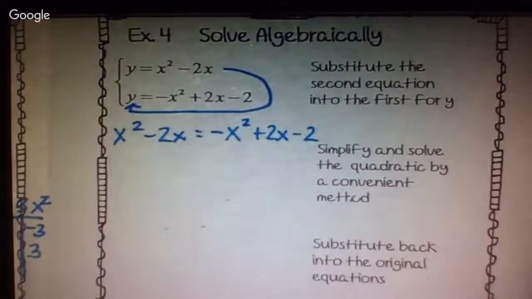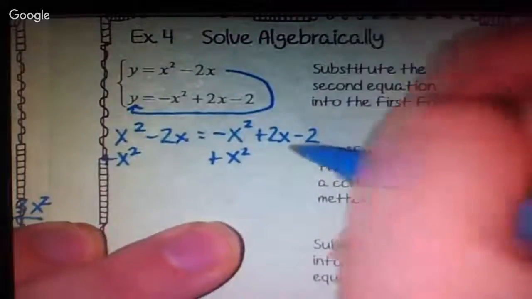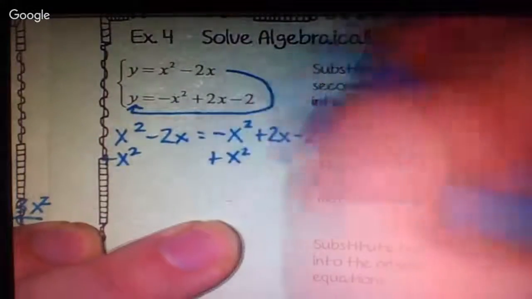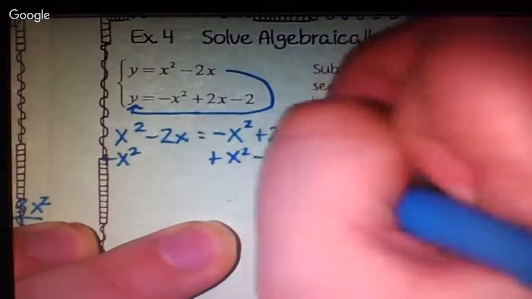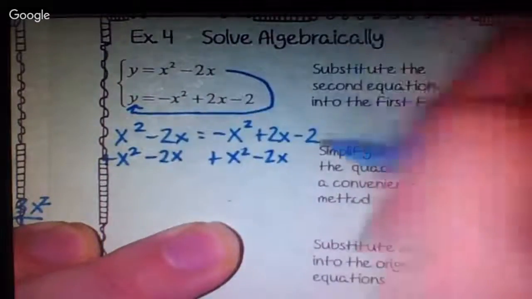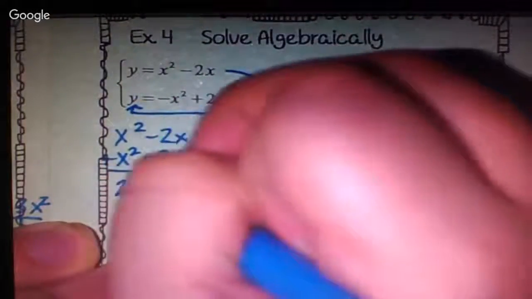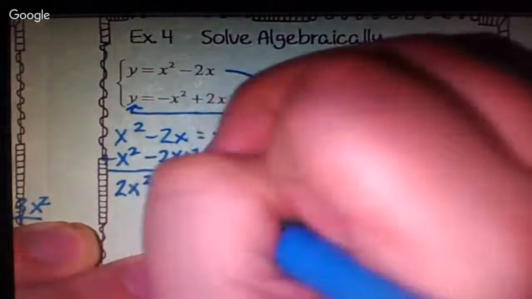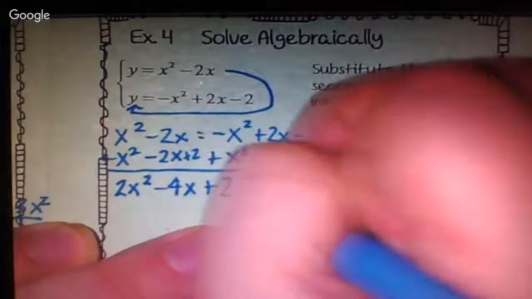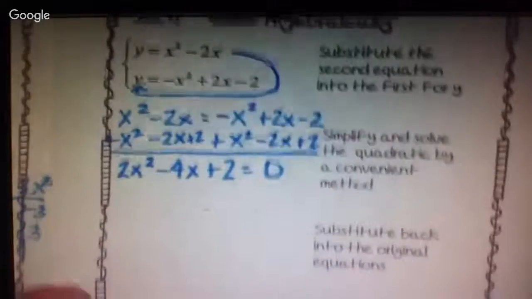So instead of moving it to the right like we did the last one, if I move it to the left, it goes positive. So I'm going to add x squared. I need to move my 2x from the right to the left, so I subtract it. And my 2 also has to move, so I add it. When I do that on the left, the x squareds go together, so I get 2x squared minus 4x. And your 2 doesn't combine with anything, so it just comes down as +2.